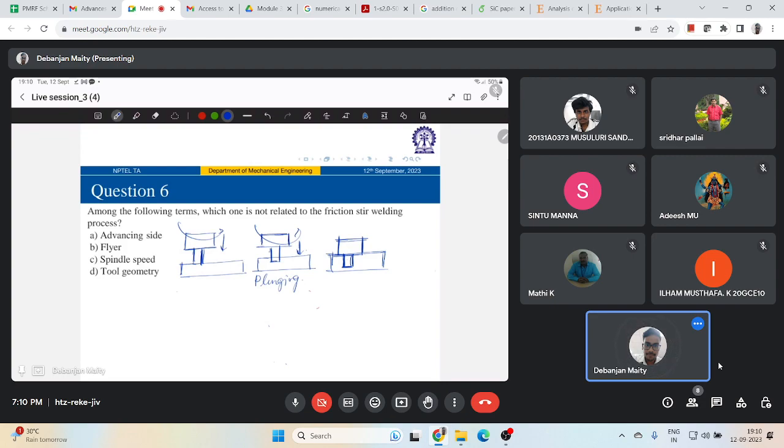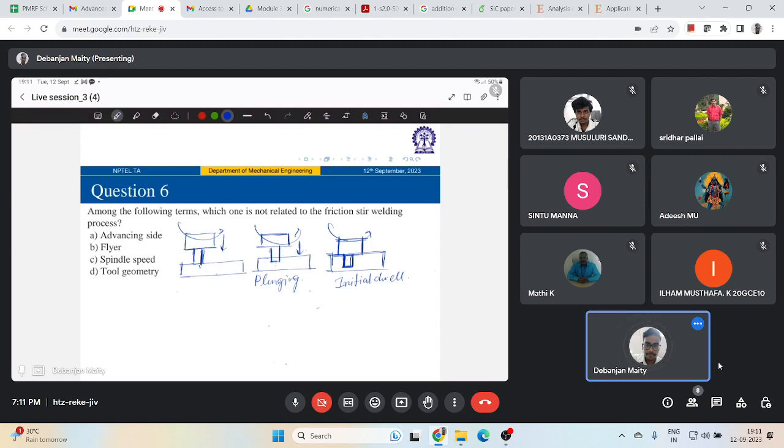Okay. So here let us say we are applying the complete plunge depth of the pin, and we are applying some amount of initial dwell phase. So first you touch the workpiece, you apply the plunge, you insert the pin into the workpiece, then you provide some plunge depth. It is continuously rotating over here, and then you apply some amount of dwell time.